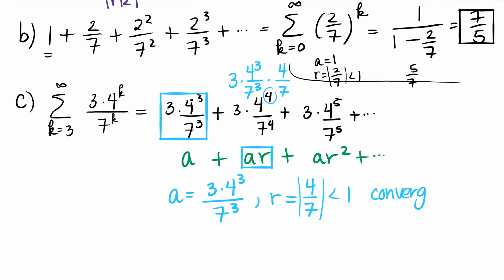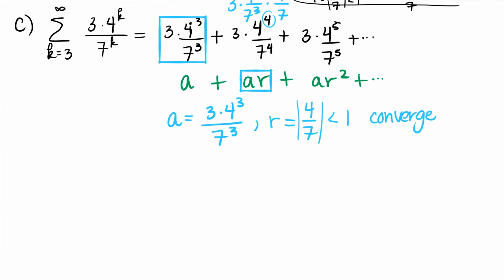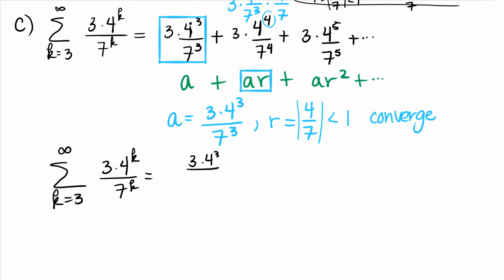And just because I don't have a calculator on me, what is this going to converge to? I'm not going to be lazy. I'm going to go ahead and rewrite it. I would have 3 times 4 to the k over 7 to the k. This is going to equal my a, which is 3 times 4 cubed over 7 cubed, all over 1 minus r, 1 minus 4 sevenths.